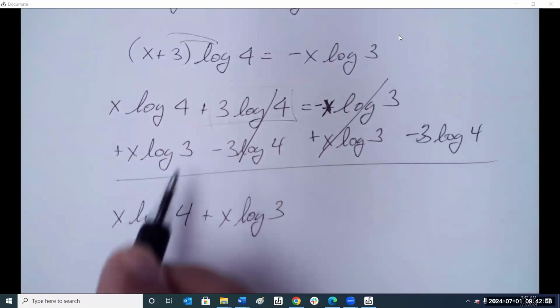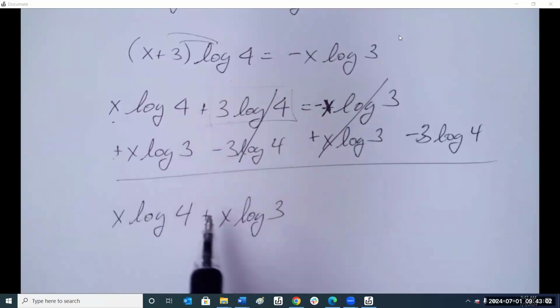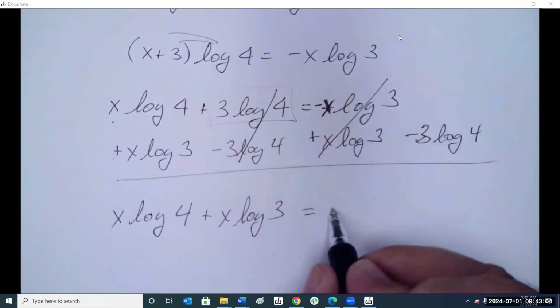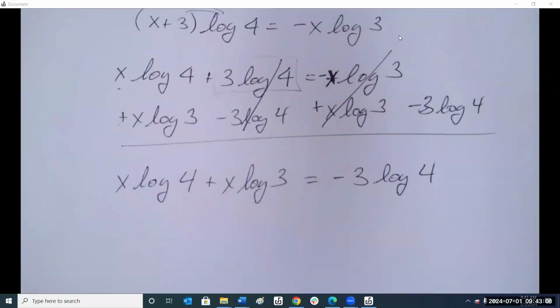So on the left, we have x log 4 plus x log 3 equals negative 3 log 4.